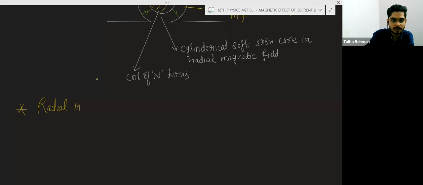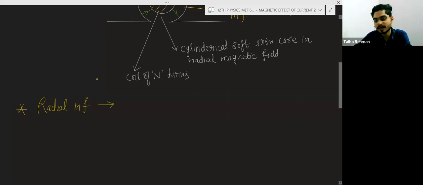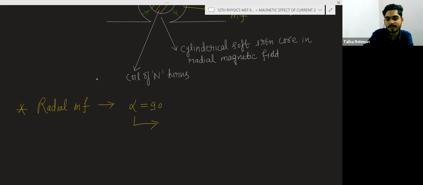Radial magnetic field means the angle between the plane of the coil and the magnetic field will remain 90 degree. Means your alpha is equal to 90 degree. What is alpha?